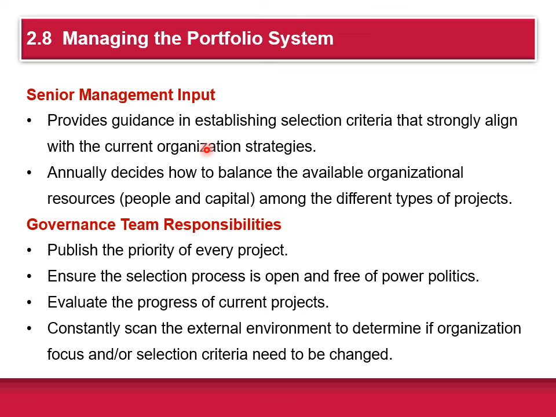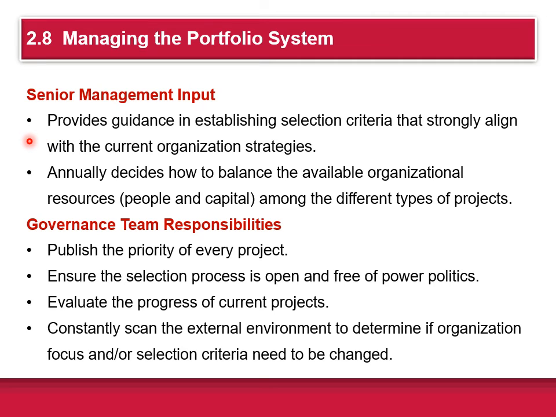So typically, in a big outfit, you'll have several projects going at one time. Managing that portfolio of projects also takes effort, and so you typically have a team of people that actually do that. They look at all the projects, and typically you have senior management input to the project portfolio system.